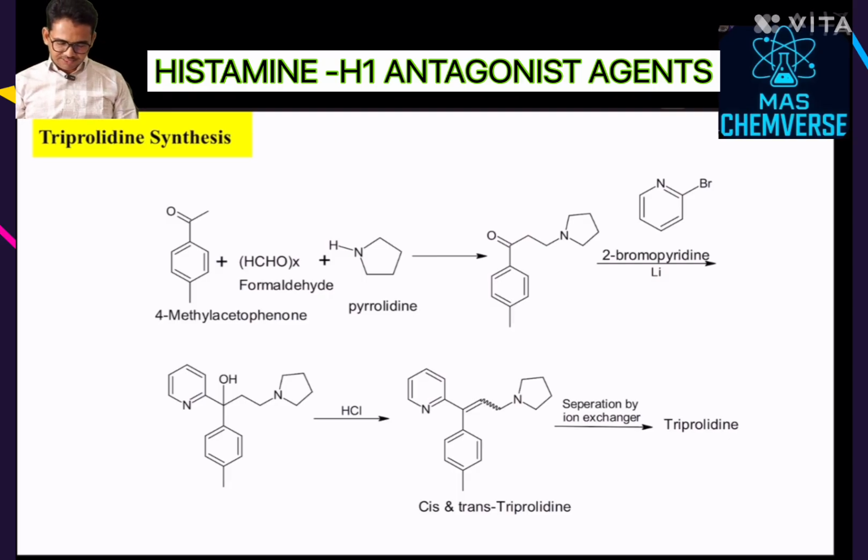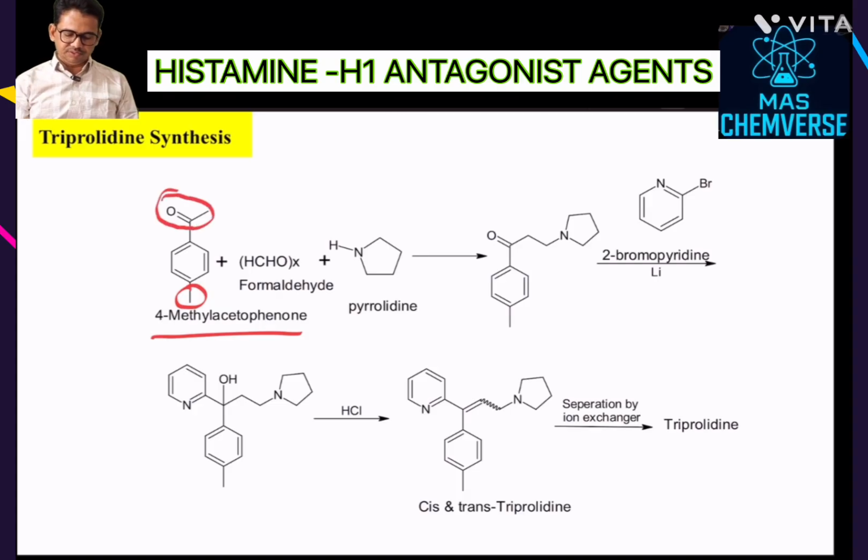Here observe very carefully. This is called the methyl acetophenone starting derivative, because it has the methyl group along with the acetophenone. When you see, this is the structure of acetophenone. Methyl group is there at the para position to acetophenone.